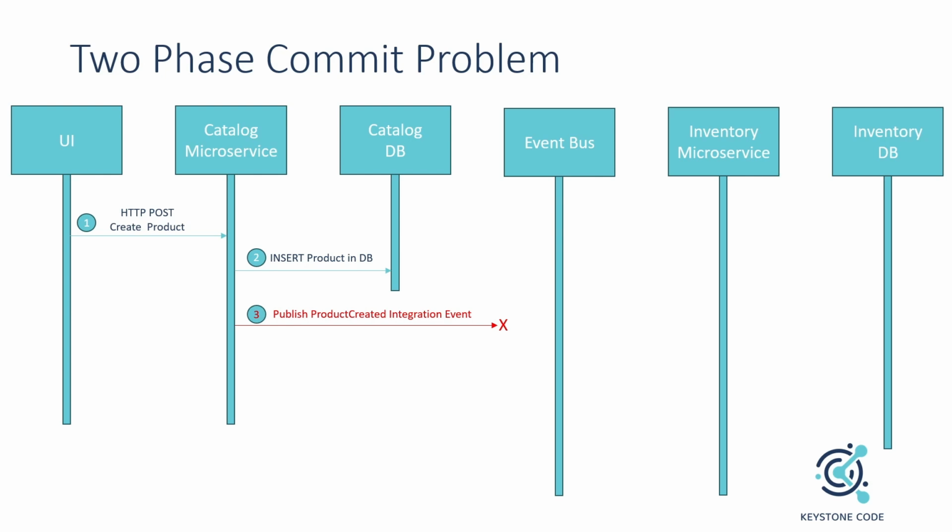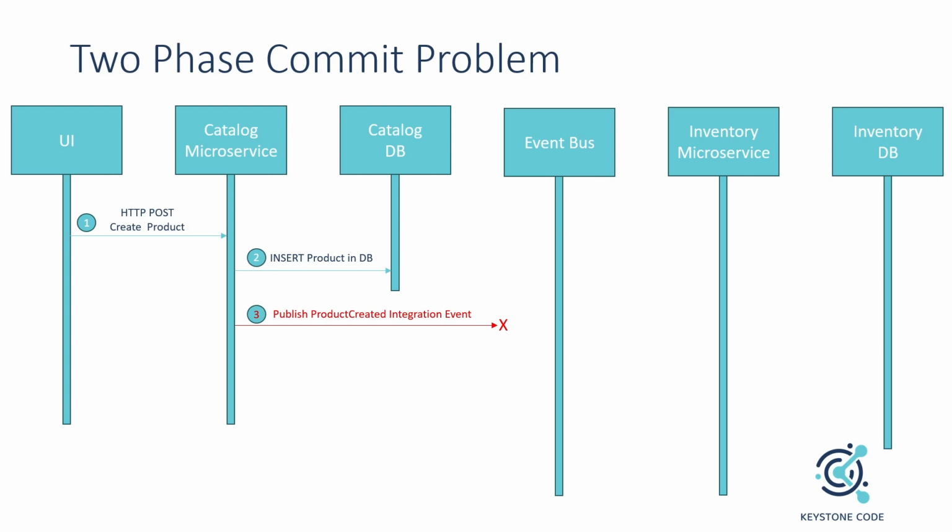So you might say, all right, well, what if I have a rollback method right after my publish product created integration event? Well, because we don't have a transaction that we can run between the catalog database and the event bus, let's say that we get to step 3, we send the event, and let's say it arrives successfully at the event bus and the event bus stores it.